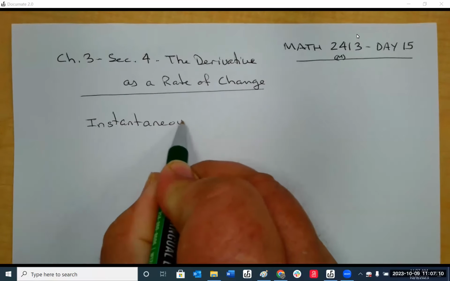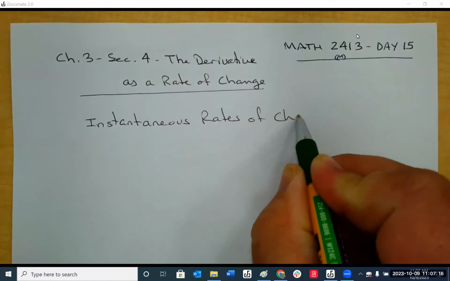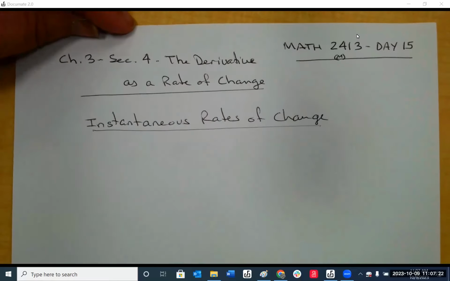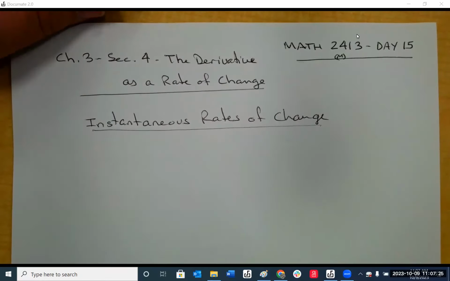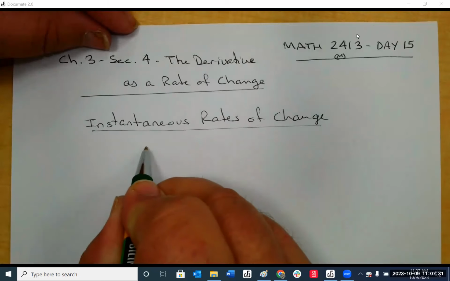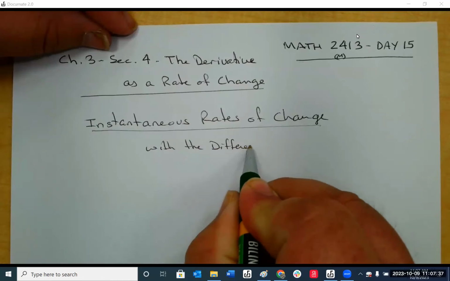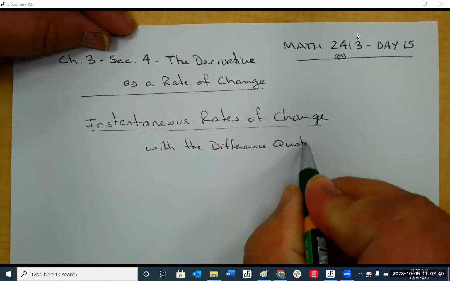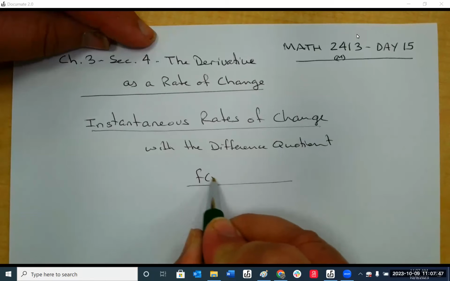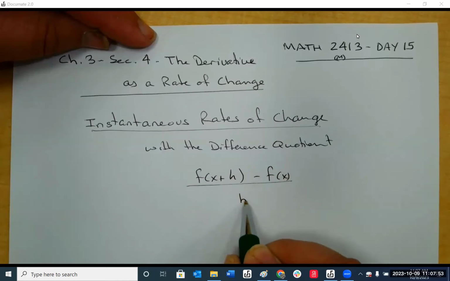instantaneous rate of change. In chapter 2, we discussed this with the difference quotient, which was f of x plus h minus f of x.